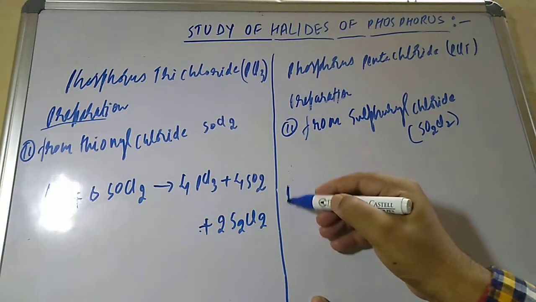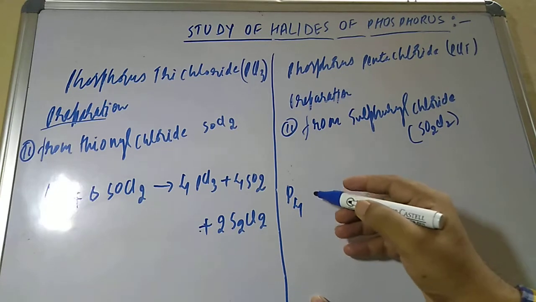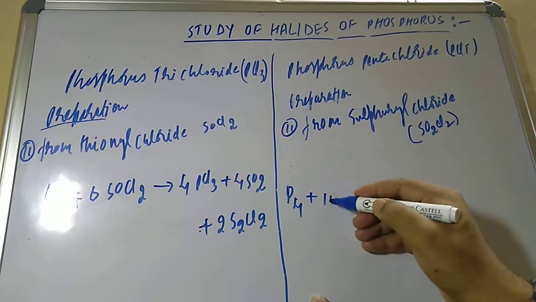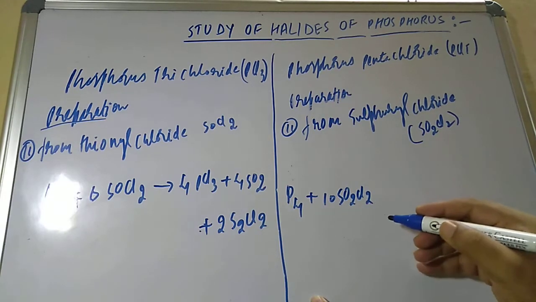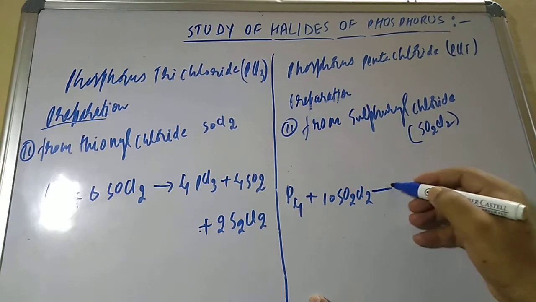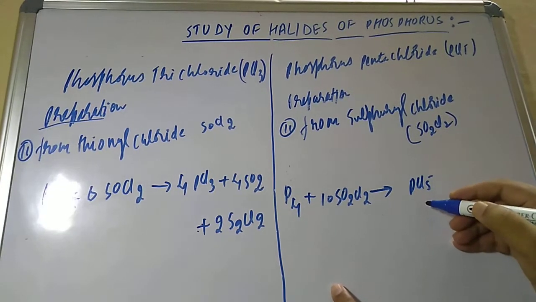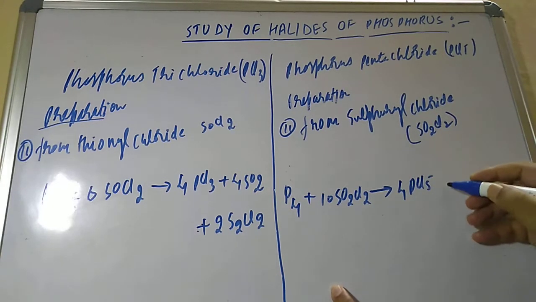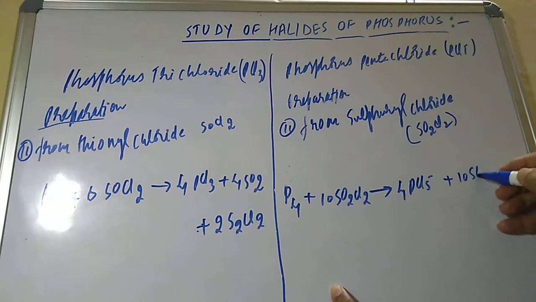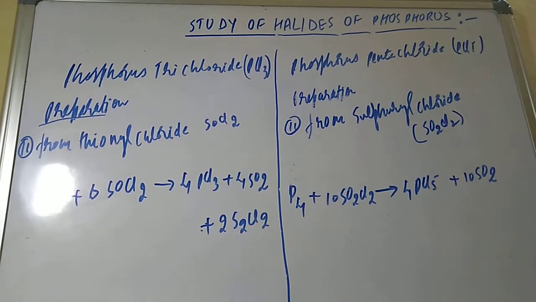Similarly, here is white phosphorus, you take P4, and along with that 10 moles of SO2Cl2, you are taking sulfuryl chloride. Then it gives PCl5. How many moles of PCl5? 4 moles of PCl5 along with 10 moles of SO2. So we prepared these from thionyl chloride and sulfuryl chloride.